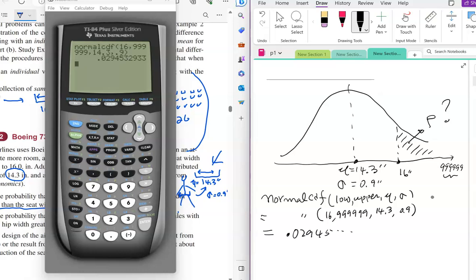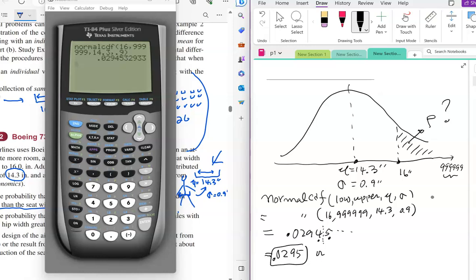And you get about 0.02945. When you round to 4 decimals, this is 0.0295, because this 5 is 5 or greater, then you move this one up.